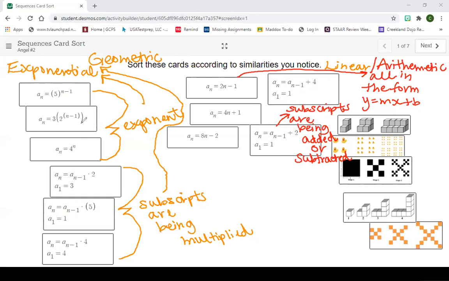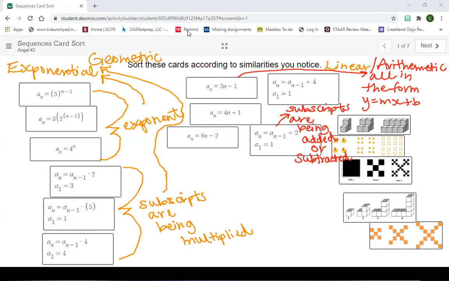You see that? And then I just had all of my pictures together. So I have all my exponential slash geometric pictures together. I have all my linear slash arithmetic pictures together, or I'm sorry, equations together. All of these are pictures, but they're pictures of geometric or arithmetic sequences.